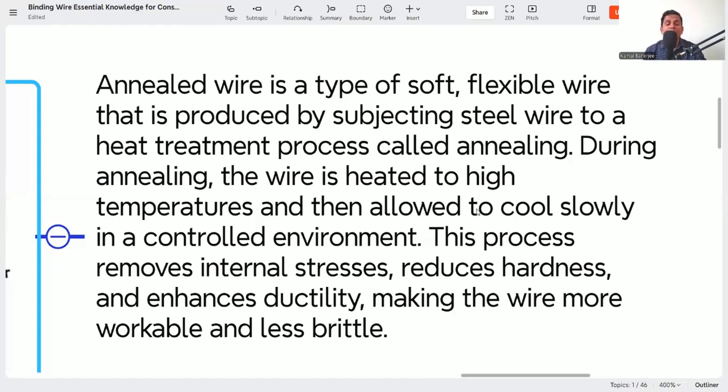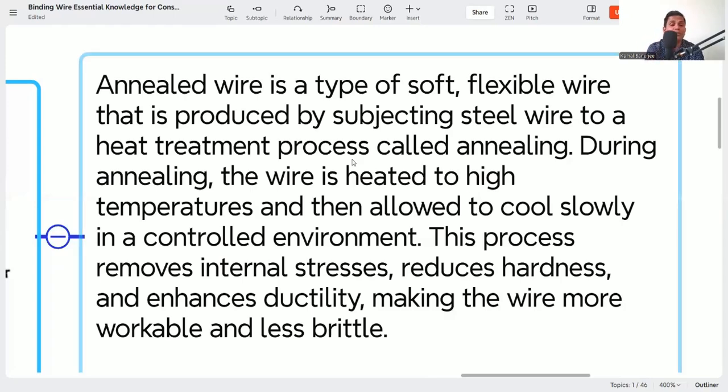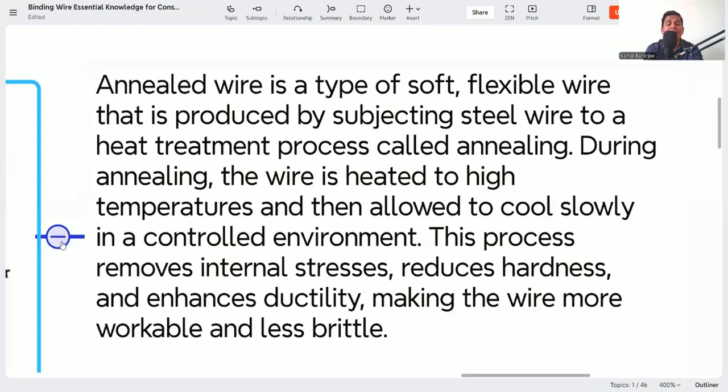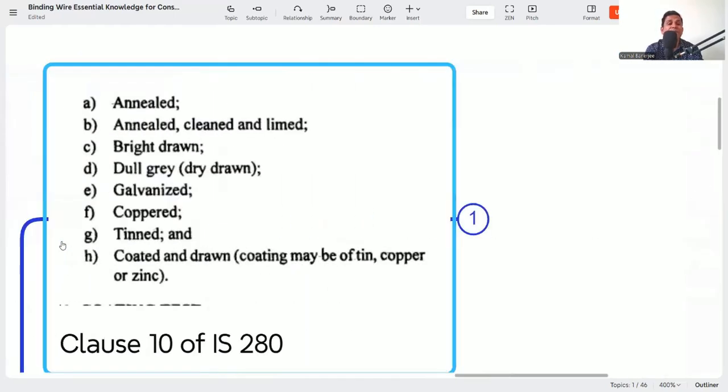This process removes internal stress, reduces hardness and enhances ductility, making the wire more workable and less brittle. That is why in construction, in most cases, annealed binding wire is used, because of this ductility, workability and low brittleness. In that case, annealed wire is the number one choice. So it is the process of heat treatment called annealing, hence the name annealed binding wire.